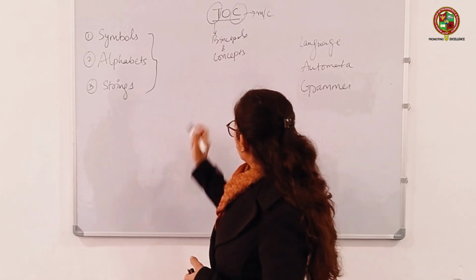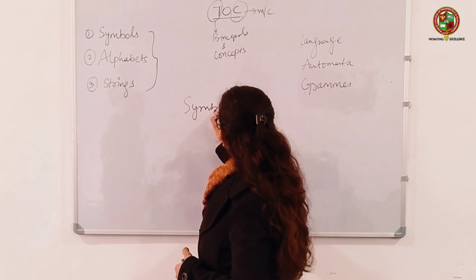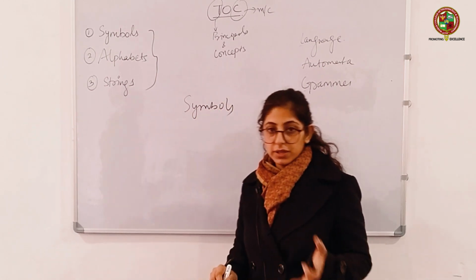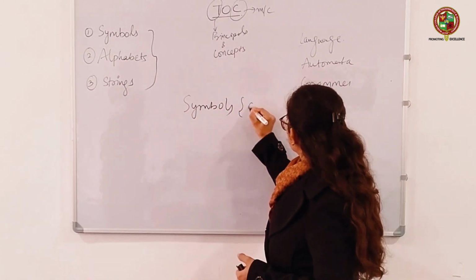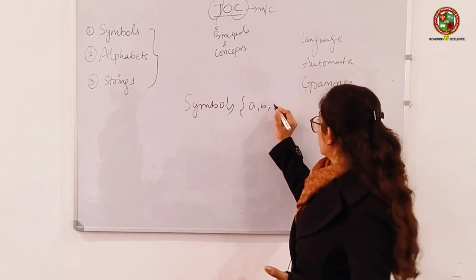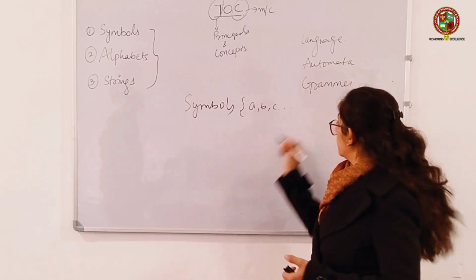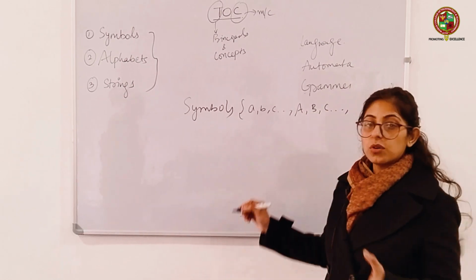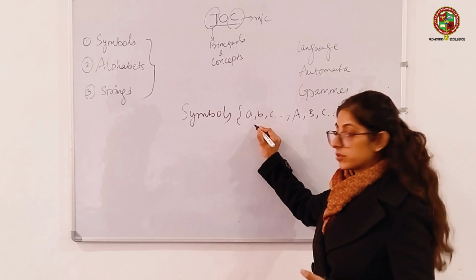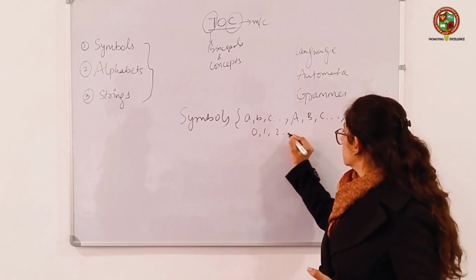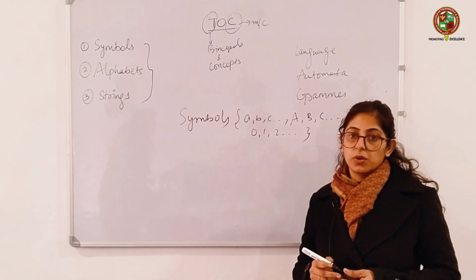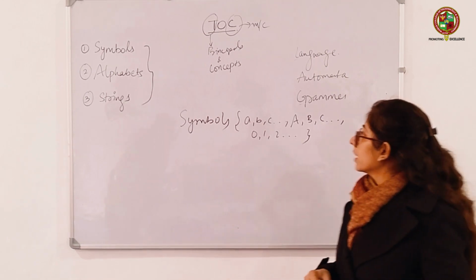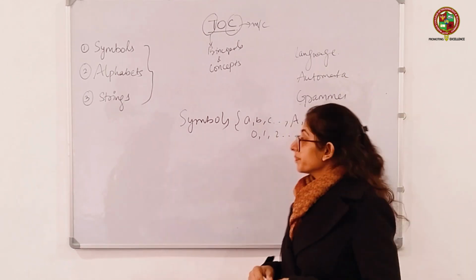A symbol is any form of symbol that we use in our day-to-day life. Like you can use normal small a, b, c, d, or capital A, B, C and so on, or you can also use numerics, positive numbers 0, 1, 2, as many as you want, infinite numbers. Okay, these are our symbols.